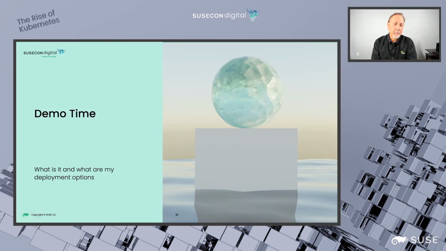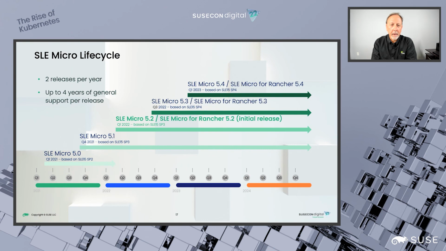Basically, something once a quarter, well, maybe not once a quarter. What are we looking at? Maybe every two releases a year, so every 6 months, and up to 4 years of general support per release, which is pretty cool, frankly. When you start looking at places that you might deploy this, you might not want to update as often from a new version point of view.